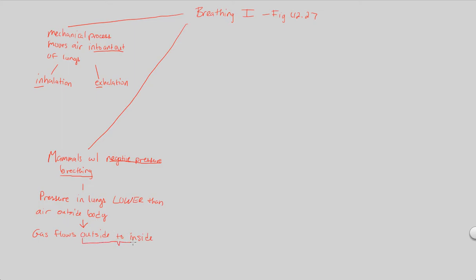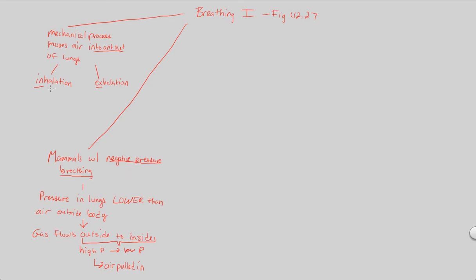Essentially, when you go outside to inside as a gas in regards to a respiratory system, this means you're going from an area of high pressure to an area of what is known as low pressure. External environment, internal environment. Basically, this is what allows air to be pulled in. So air is pulled in by going from a high pressure area to a low pressure area via what is termed generally as negative pressure breathing. Okay, so that's how breathing really happens.